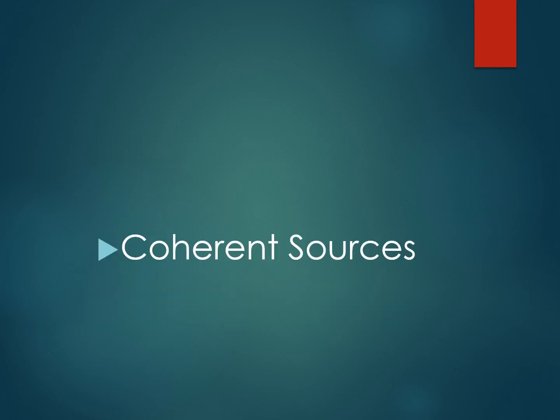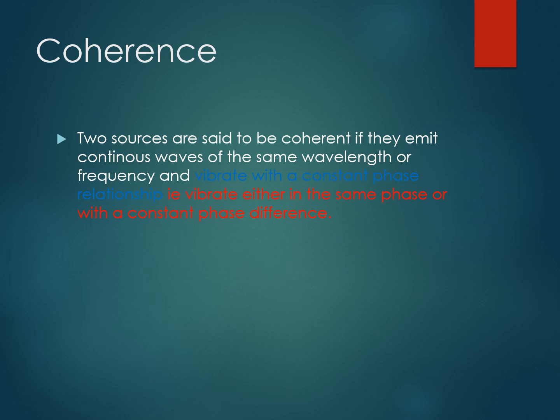Okay, now coherent sources, a topic which comes in interference. So when do we say that two sources are coherent? It is a very important question and it is often asked in university exams. Two sources are said to be coherent if they emit continuous waves of the same wavelength or frequency and vibrate with a constant phase relationship. By vibrating with a constant phase relationship, we mean that the two waves should vibrate either in the same phase or with a constant phase difference.